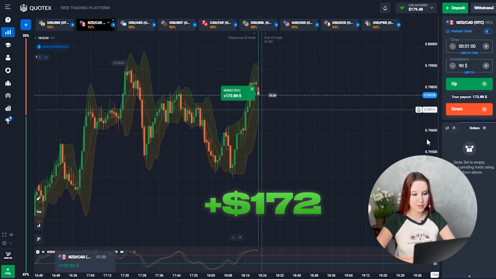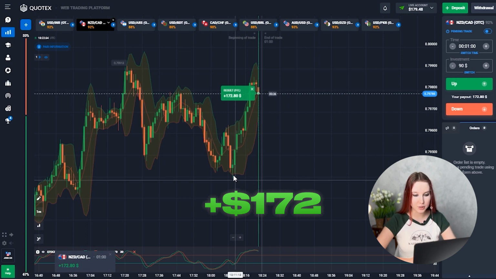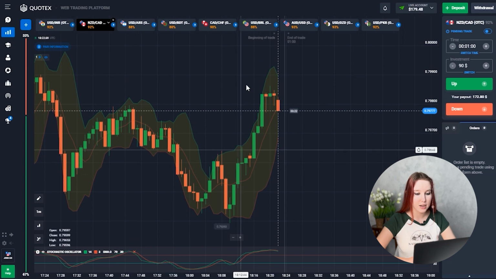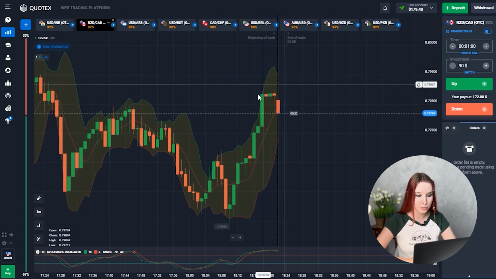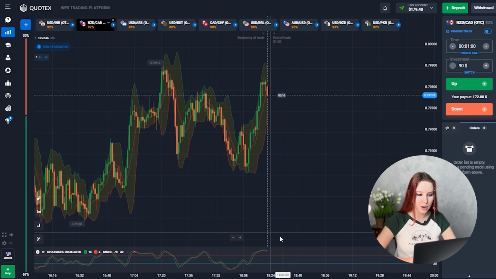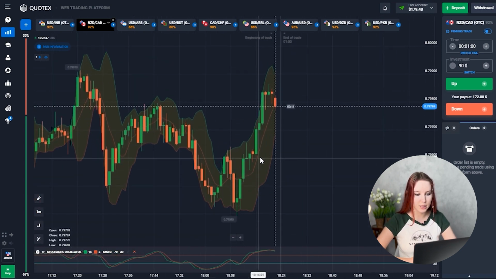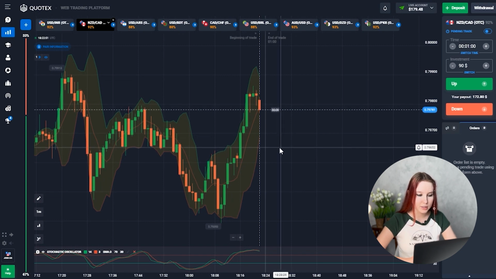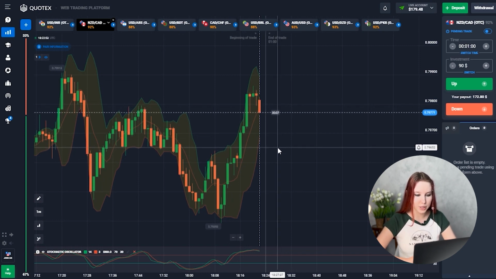And guys, another great entry point. As you can see, my balance is growing right in front of your eyes, and you'll agree that the strategy is pretty simple. All you need is for the candle to reach the upper Bollinger Band line and the stochastics to be above the 70 mark. That's when we can open a trade down.